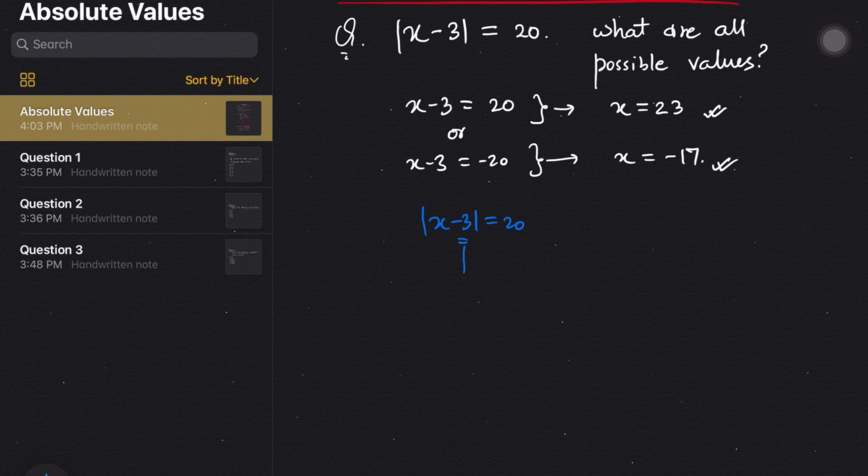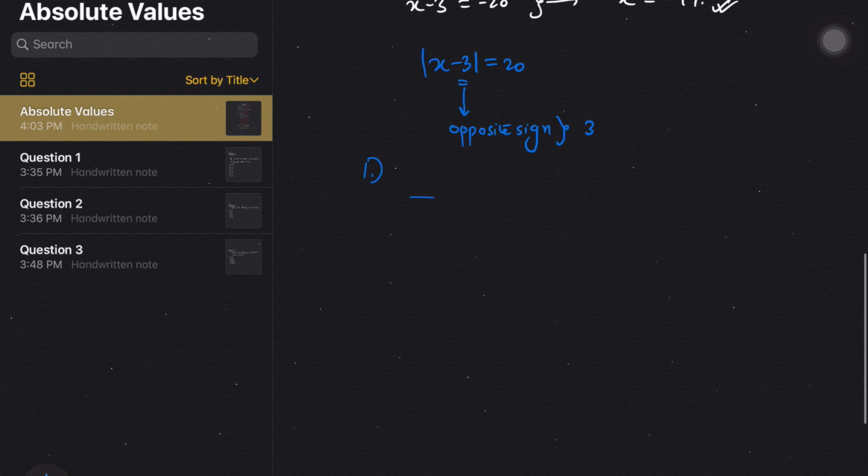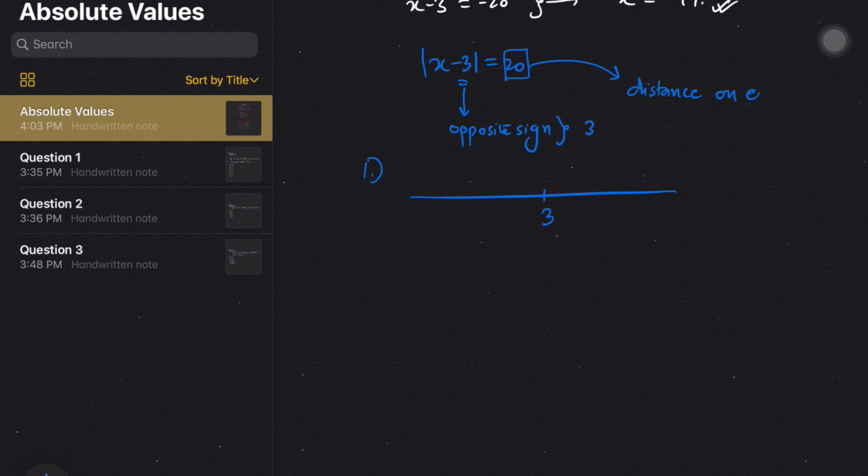You have to take the opposite sign value, which is going to be 3. Now put that on a number line. Now you have to use this number as distance on either side. So that means you have to go 20 units.